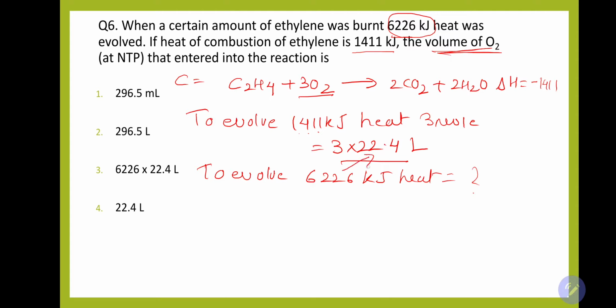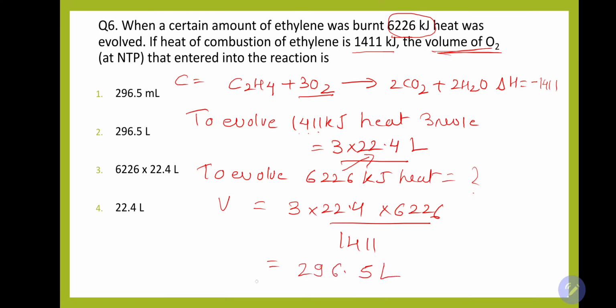So cross multiply. Okay, so the volume will be equal to 3 into 22.4 into 6226 divided by 1411, which will give you the answer 296.5 liters. Okay, so the answer will be 296.5 liters. Now let's move to our next question.